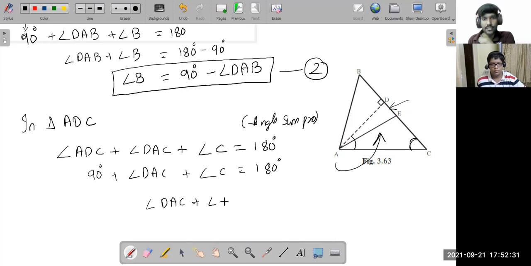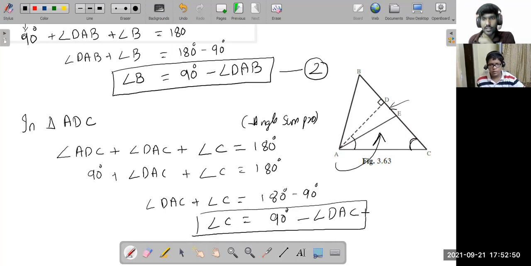So you'll have DAC plus angle C is equal to 180 minus 90, which is 90 degrees. Taking angle DAC to the other side becomes minus angle DAC. So number this as equation 3.